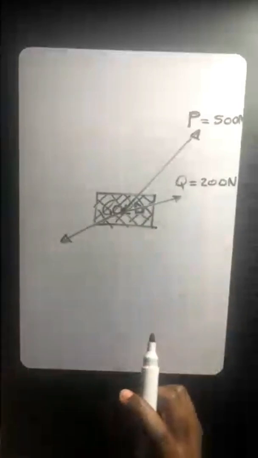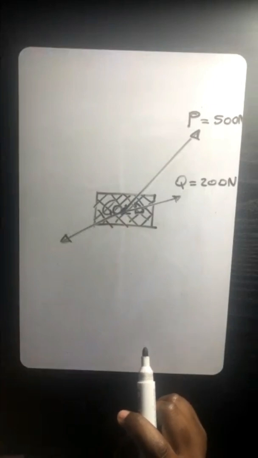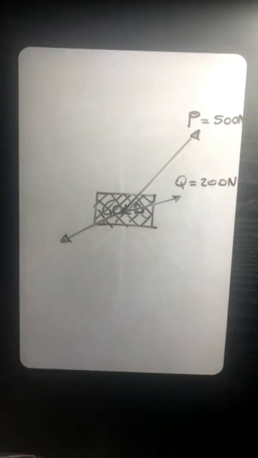We've got Queen with a little power there. She's pulling it in that direction at 200 Newton. Remember, guys, this is a container full of gold. So everyone is trying to pull in a certain direction. Why are they pulling? It's because they want to pull it towards themselves.